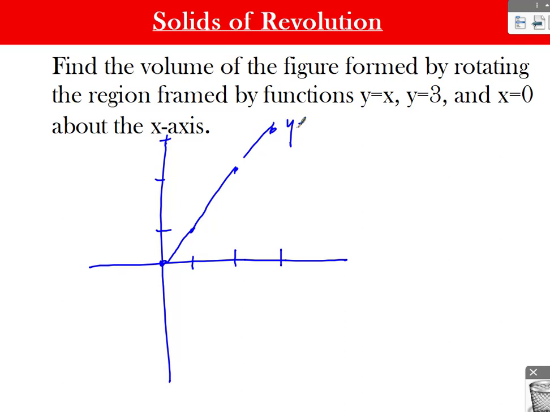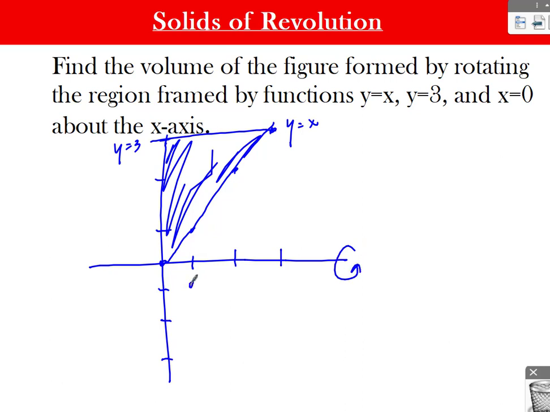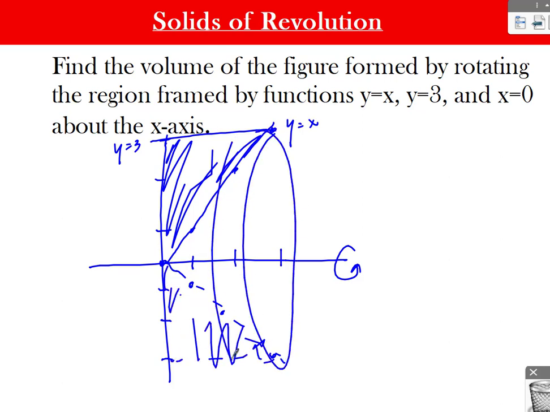Here's y equals x. Here's y equals 3, and x equals 0. So it's going to be this region right here. Now I'm going to make a mirror image over the axis that we're revolving about, the x-axis. And you can see that we have a cylinder with a cone cut out of it. You all see that? Cylinder with a cone bored out of it.